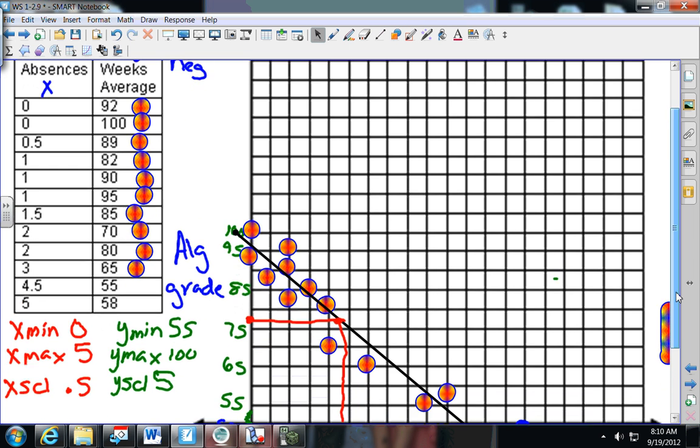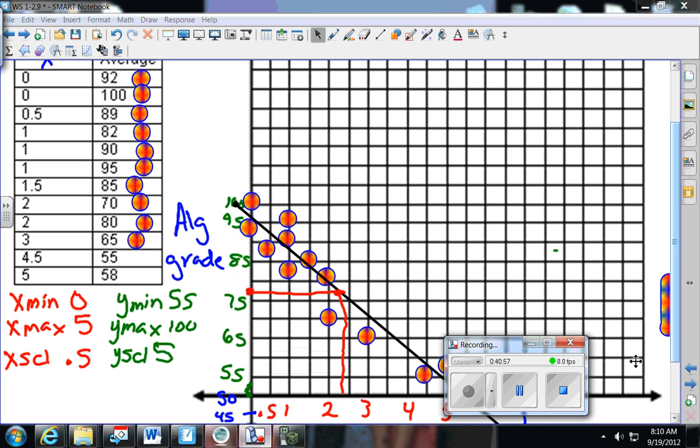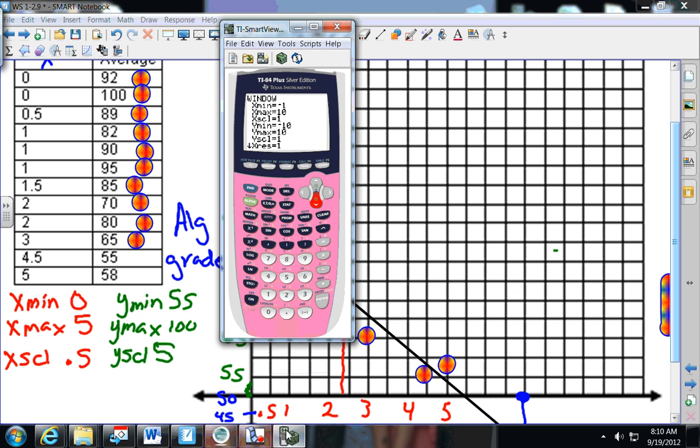X maximum. Give me a number that's a little bit bigger than our 5. I'll just put in 6. Okay, you want something so that we can see it in our graph. Now, X scale, we'll still leave that alone. We're going to leave that as 0.5, because that's just telling me what the tick marks are.